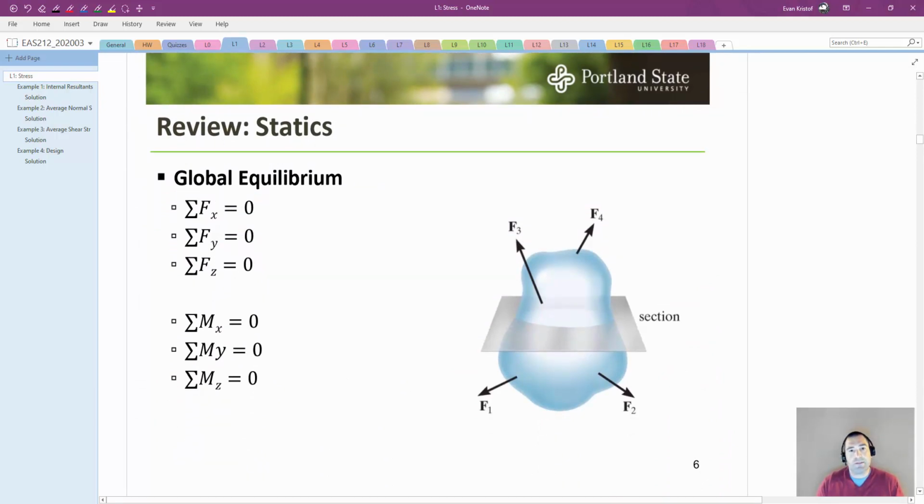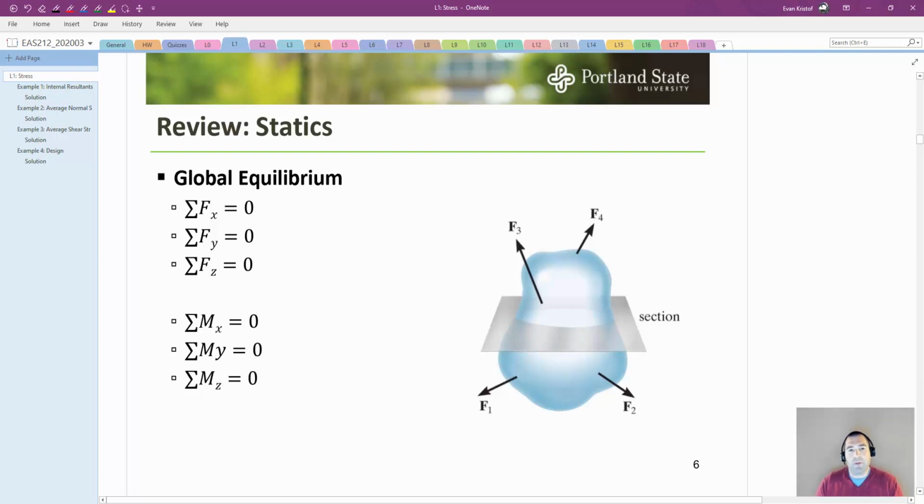The fundamental basis of statics is global equilibrium, or just equilibrium in general. When we say static equilibrium, we mean both that the body is not in motion and it's not accelerating. So oftentimes we just call it equilibrium, which simply means that there's no acceleration, but static equilibrium means it's also not moving at all.